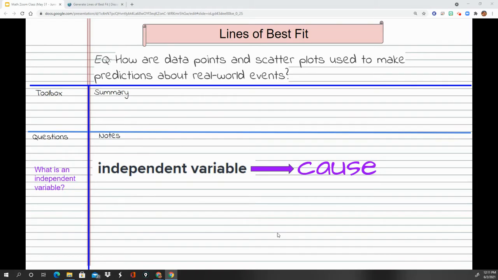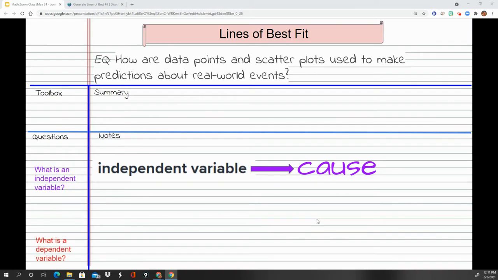It could be something like time and age. Seconds are seconds, minutes are minutes. Your age is your age. So it's independent. It just stands alone. But what it does is it can impact the dependent variable.